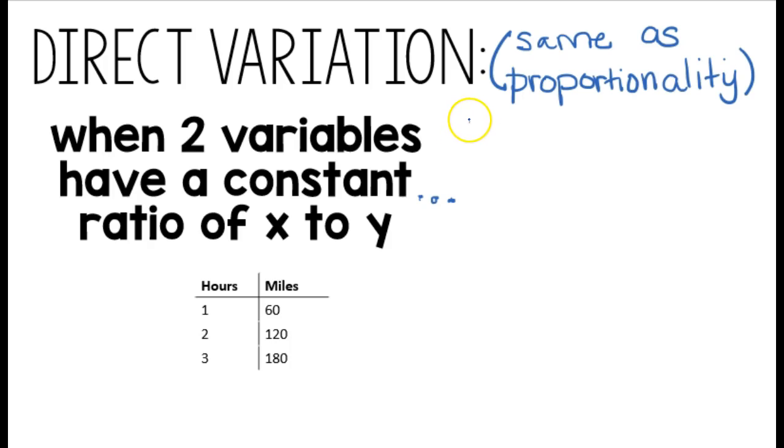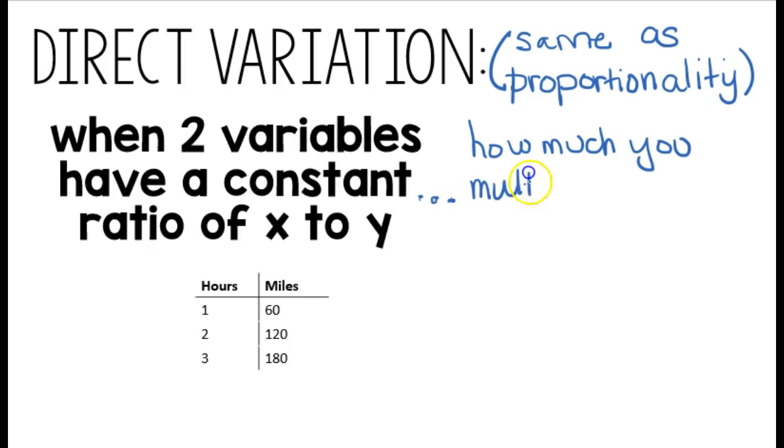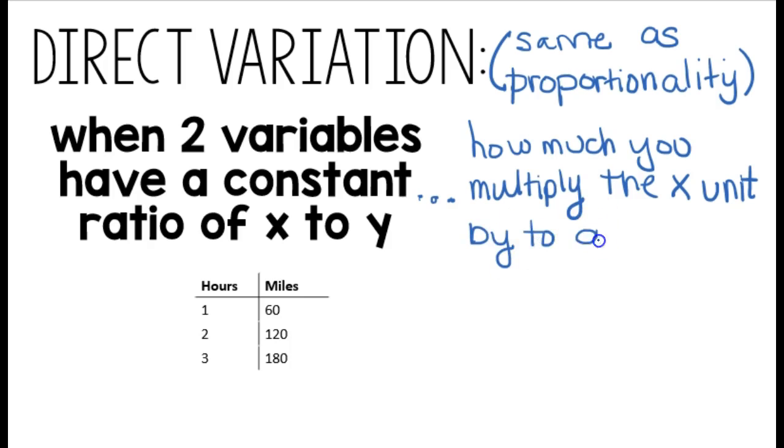In other words, how much you multiply the x unit by. I say unit because we're always talking about units when we're talking about rate of change or proportionality, or when we're looking at a graph. So how much you multiply the x unit by to get the y unit.